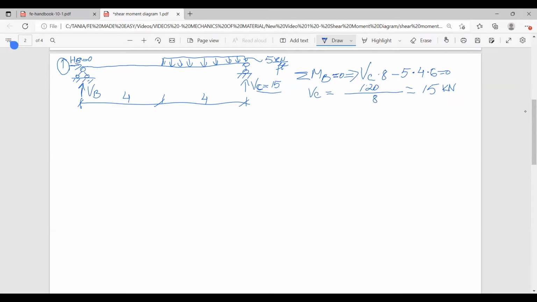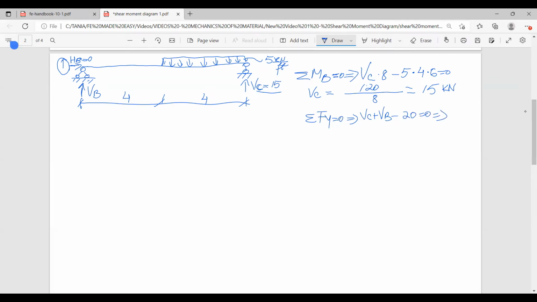Okay, and then we can do either sum of forces in the y direction or sum of moments at C. I will do sum of forces in the y direction equals 0. Here we have VC plus VB minus 5 times 4, which is 20, equals 0.